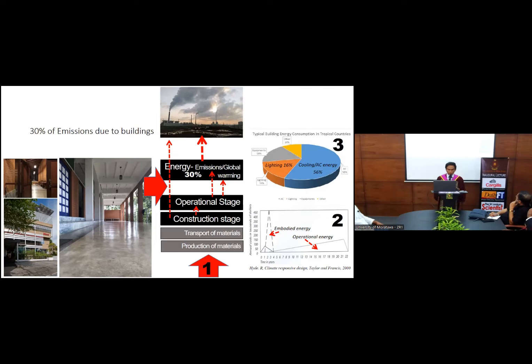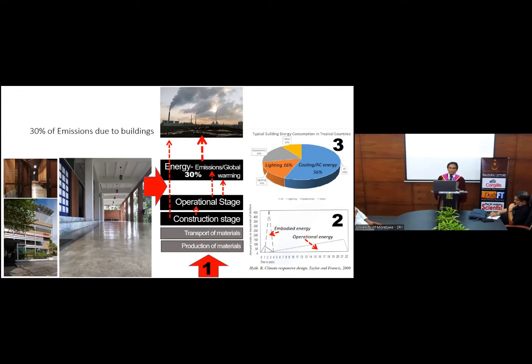Those three areas are usually termed embodied energy. And then after finishing the building, you need to run the building with people. That's the operational stage, and the operational stage also demands a certain amount of energy, and all together contributes nearly 30% of emissions in the global scenario, and it's no exception for Sri Lanka as well.